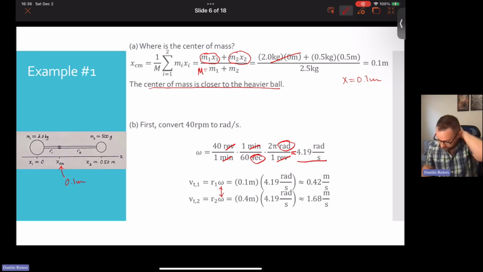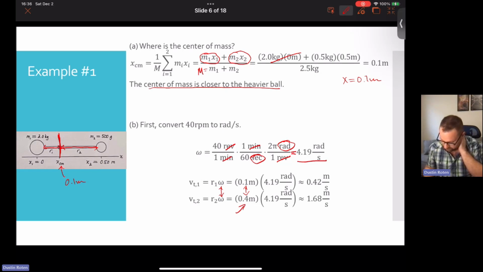Looks like we have a radius of 0.1 because this is distance from the center of mass, right? Because we're rotating here, which means we have a distance here and a distance here.